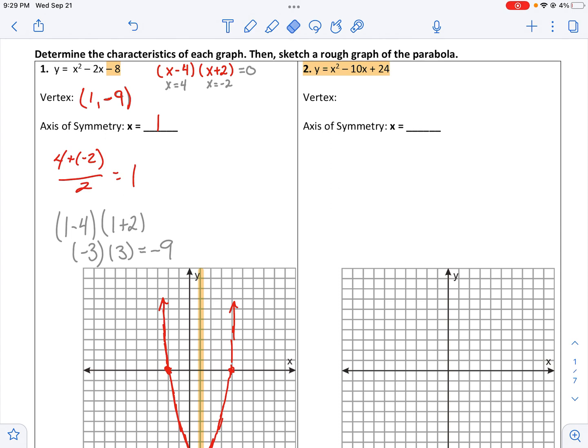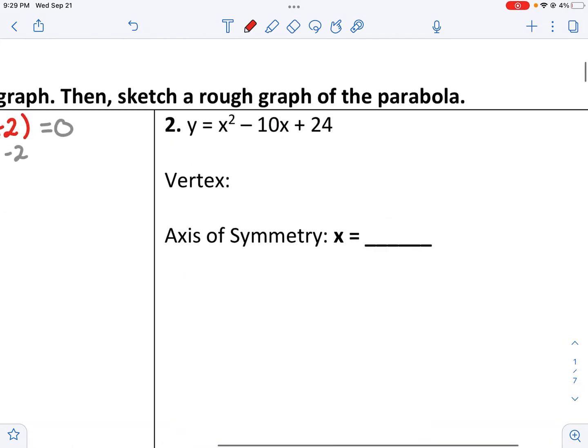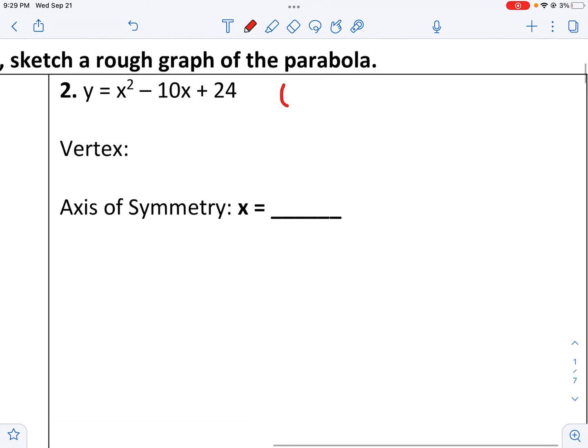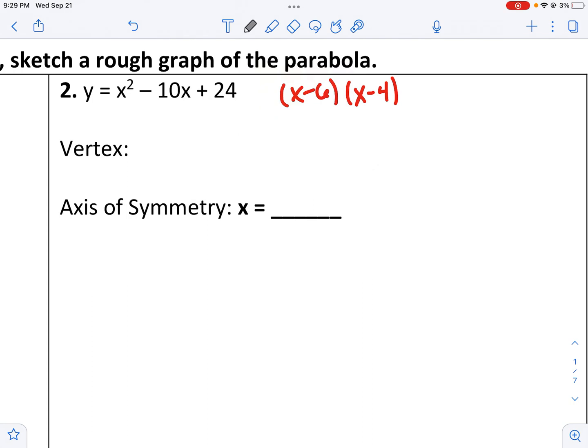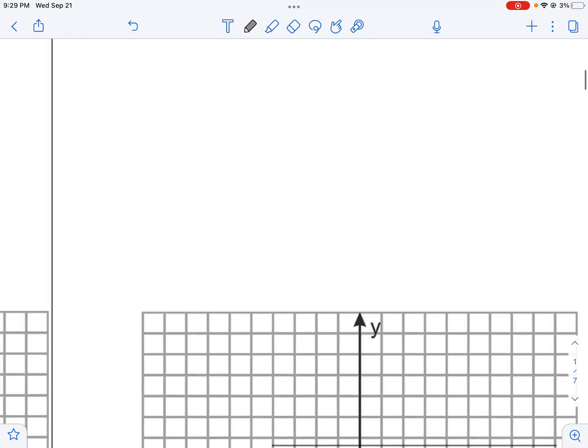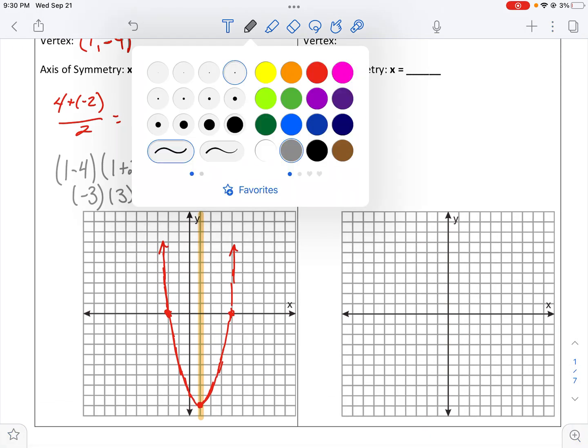All right, let's take another one here. Another example, I've got y equals x squared minus 10x plus 24. And when I factor that, I would get x minus 6 and x minus 4. All right, now, if I set that equal to 0, because that's what I'm looking for for my x-intercepts, and solve, I would get x equals positive 6 and x equals positive 4.